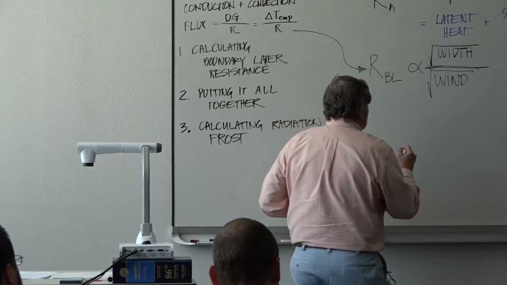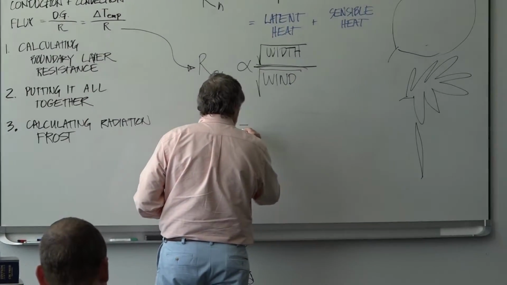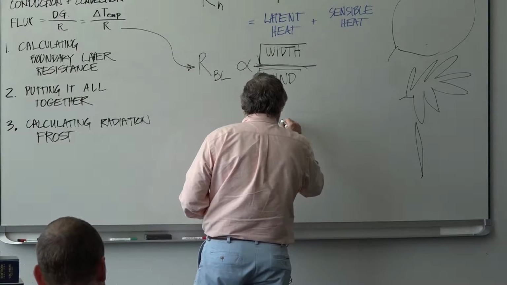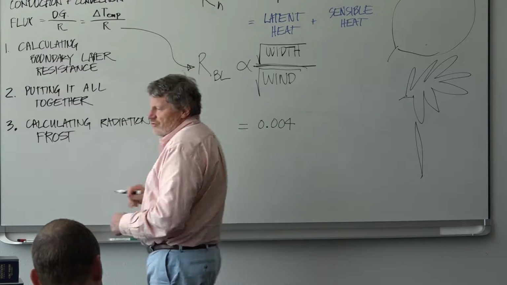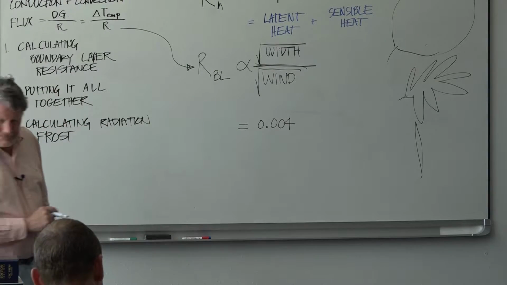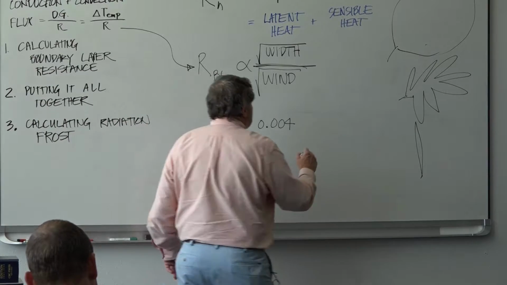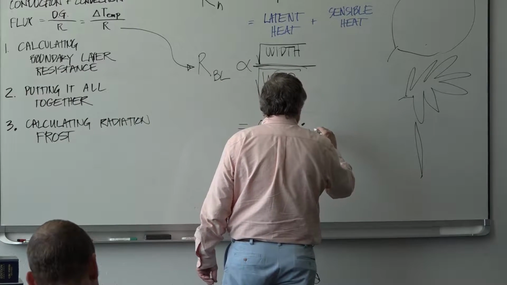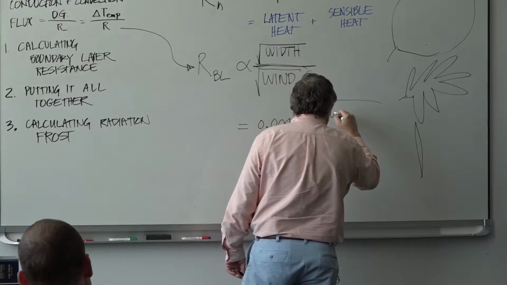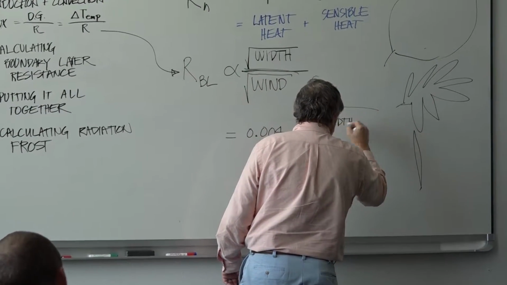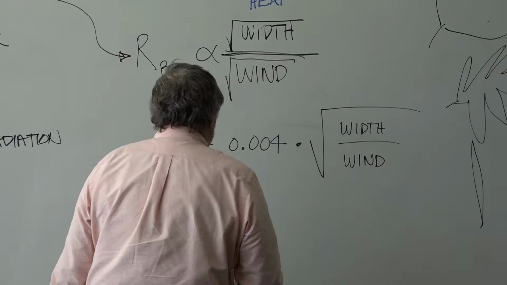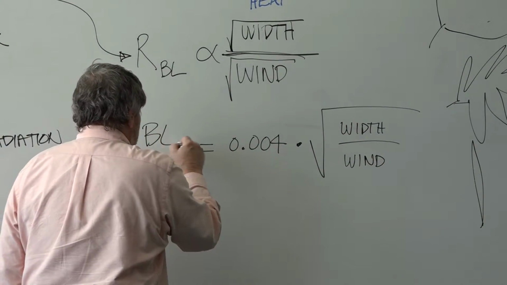But to make this equal, now we have a coefficient right here. Make sure that I'm following my notes. I am. 0.04 times, and because of the rules of algebra, we can do width and wind right here. So there's boundary layer thickness.